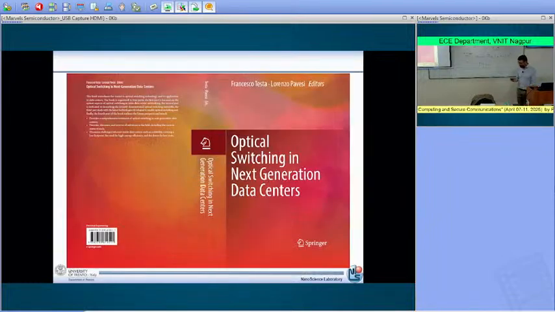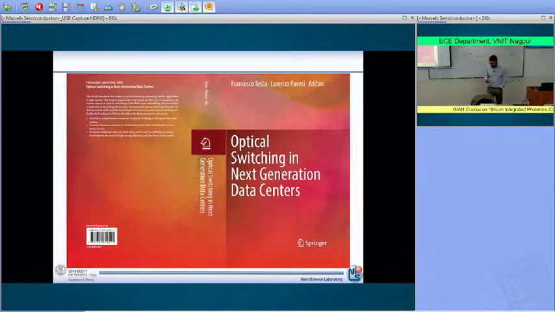Indeed, in the past, together with Francesco Testa, we edited this book about the use of optics to switch and route the signal in data centers.